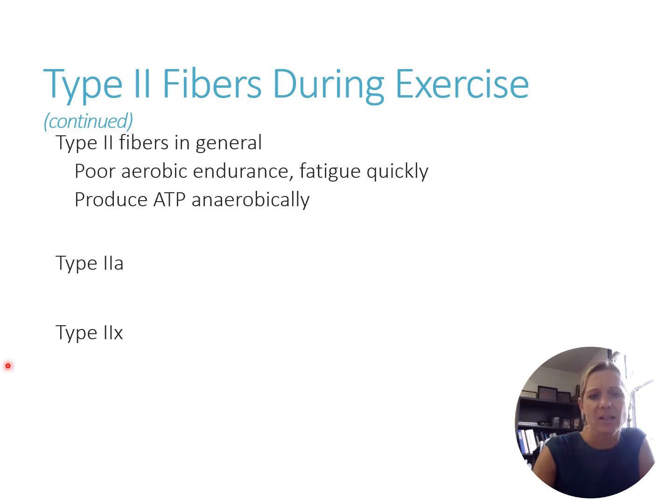Versus type 2X, these are our true anaerobic, true fast twitch fibers. These are going to be important for short, explosive types of exercise. Okay, so again, these are our greatest force producers. Type 2As are going to be an intermediate fiber, and type 1 fibers are going to be those slow twitch fibers or endurance based.